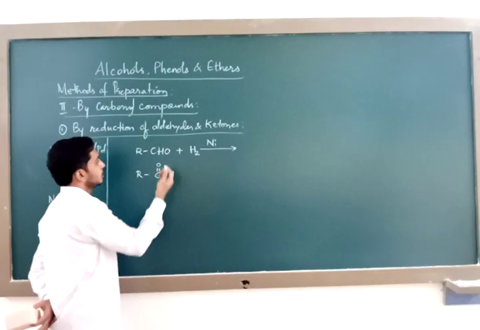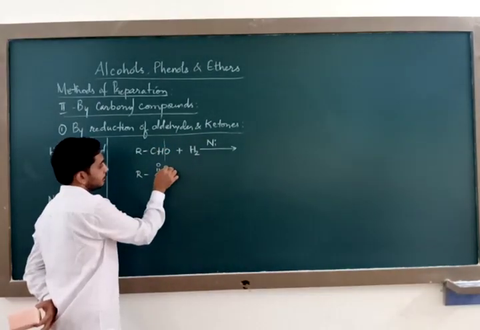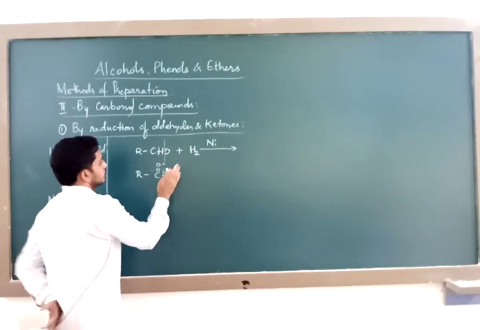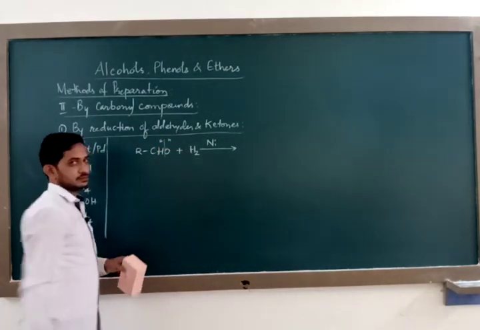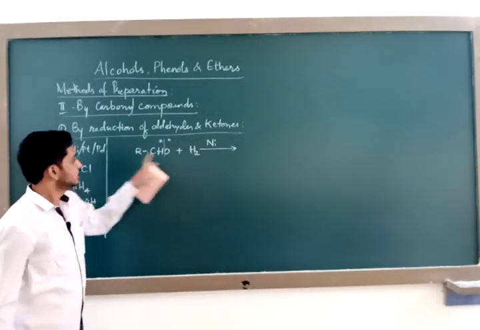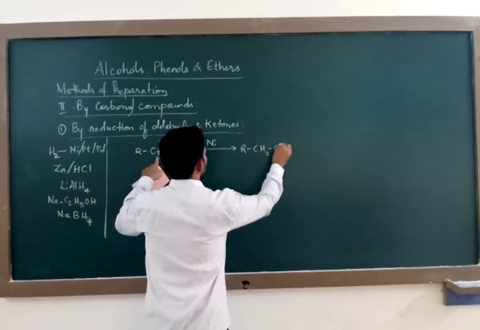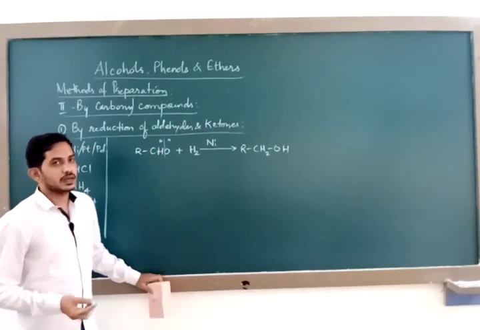You break the bond here, add one hydrogen here, one hydrogen there, two hydrogen atoms. So the product is RCH2OH. Simpler. This becomes an alcohol.